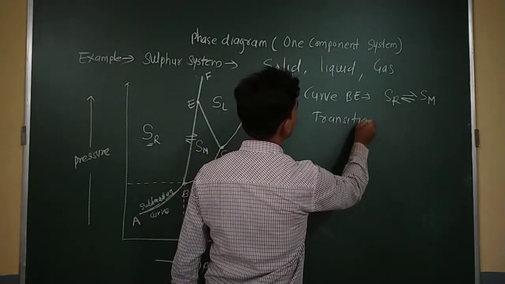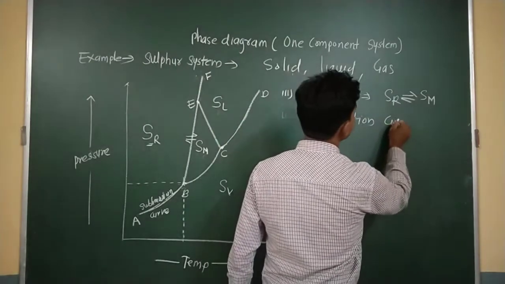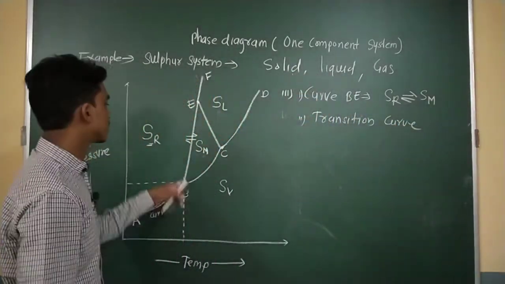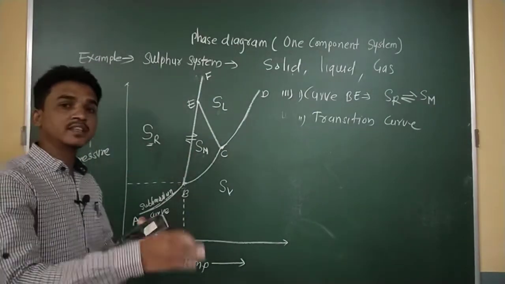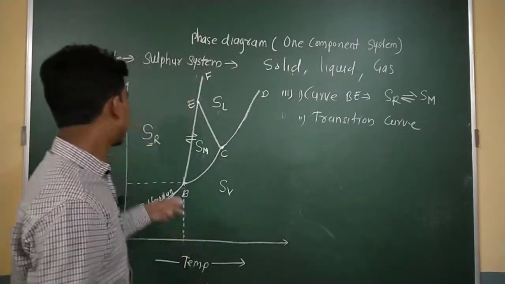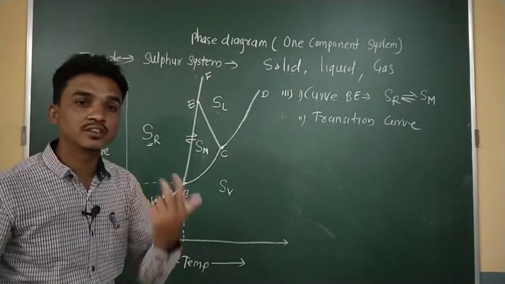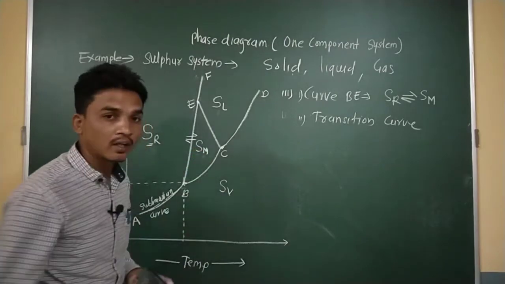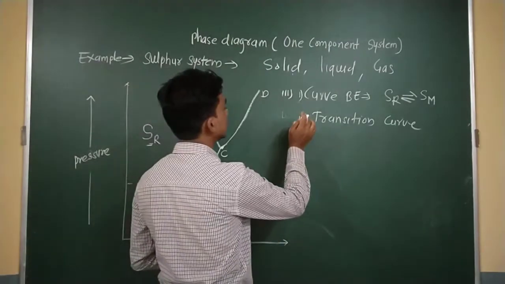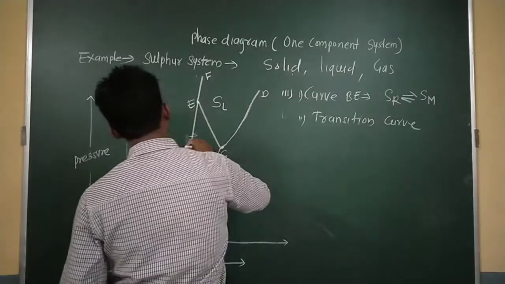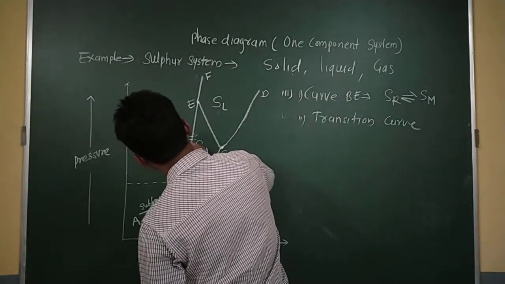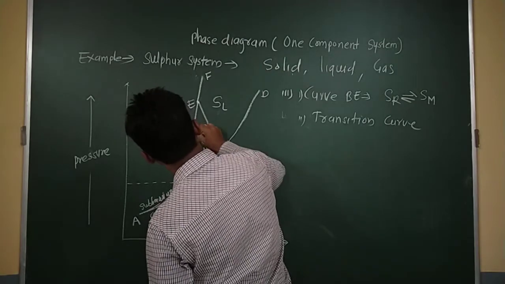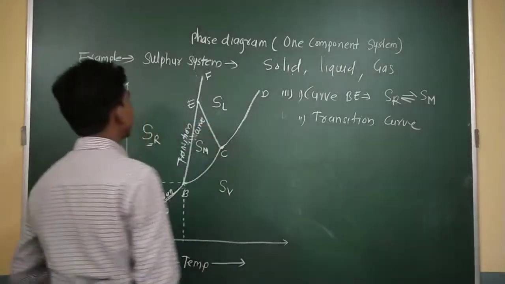Why transition curve? Because one solid gets converted into another solid. I will write here transition curve. This is called the transition curve.